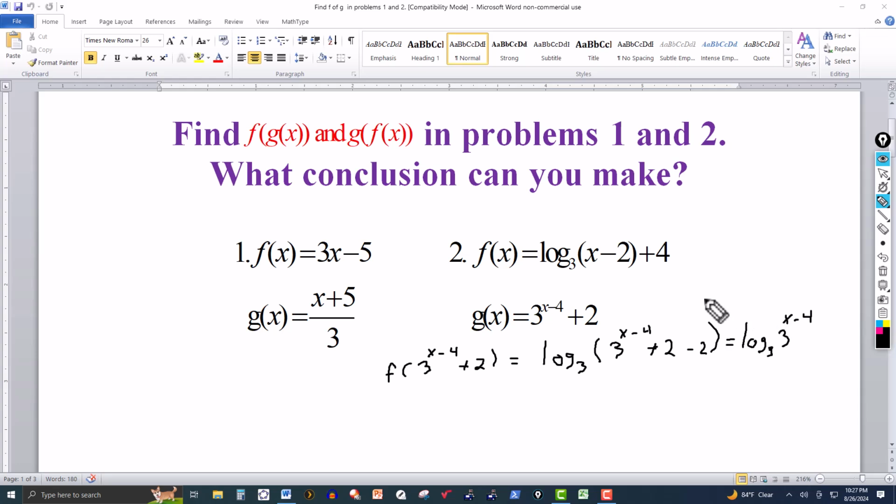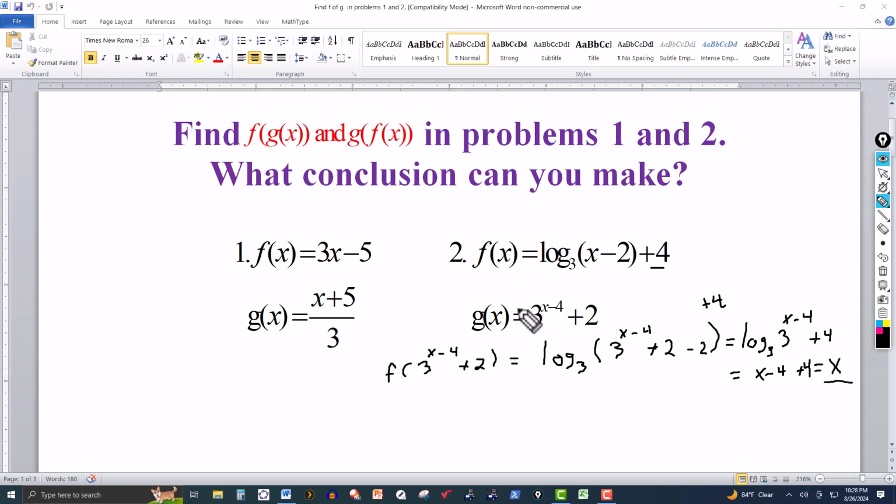Of course you have the plus 4 here from right there. So here, again, properties of logs: I have log to base 3 of the exponential 3 to the x minus 4. The bases here are the same, 3 and 3, so that's always going to give you the exponent. You've got the plus 4 over here. So this is going to give you x minus 4, and then the plus 4 there. Minus 4 and 4 cancel, so this gives me x, which is what we're supposed to get, because like I said in the last video, we actually derived the inverse.